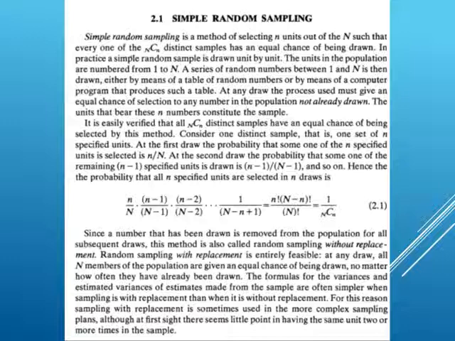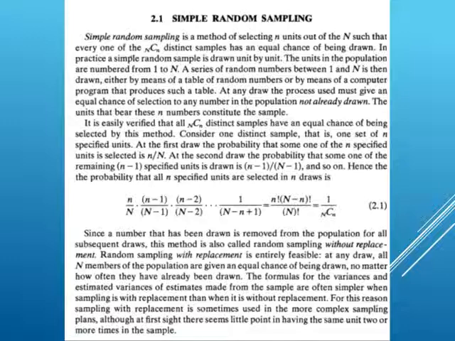Hence, the probability that all n specified units are selected in n draws is n over capital N multiplied by n minus 1 over capital N minus 1 times n minus 2 over capital N minus 2, up to 1 over capital N minus n plus 1.